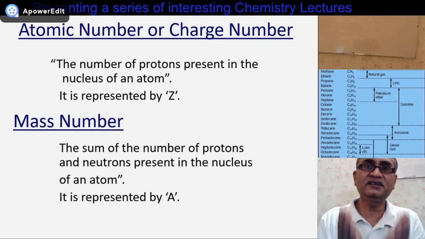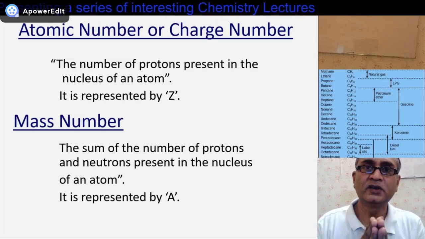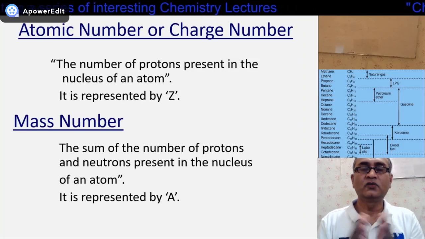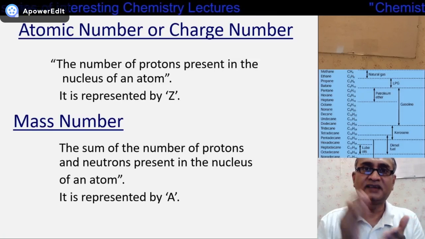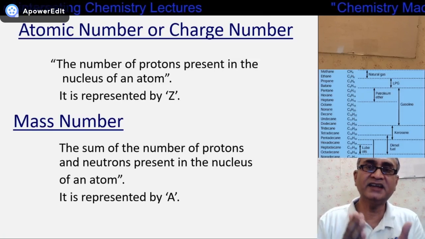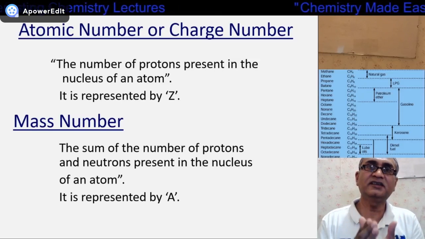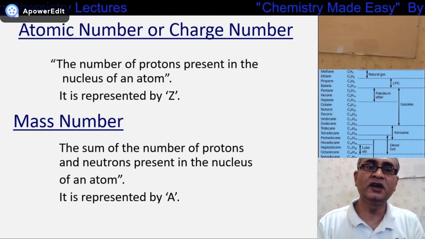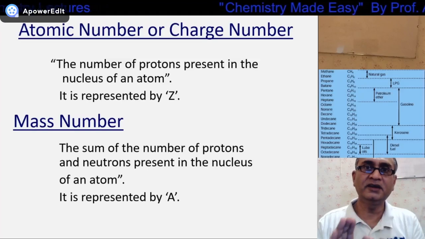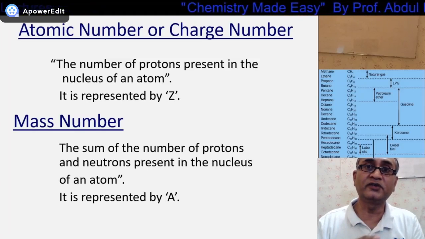So 13 is called the mass number. What is mass number? The sum of protons and neutrons present in the nucleus of an atom is called mass number.